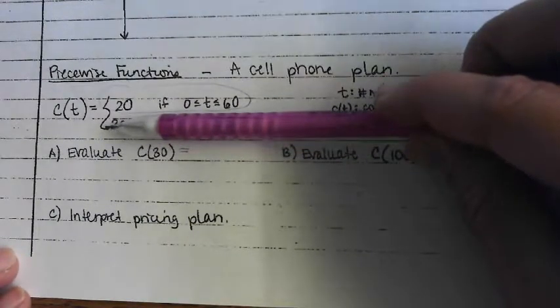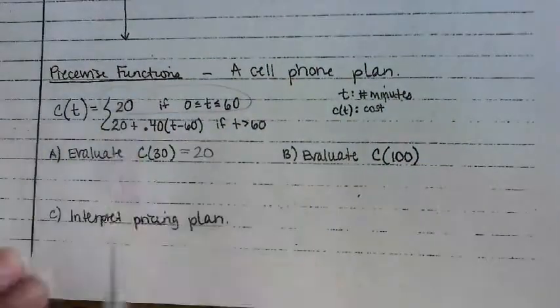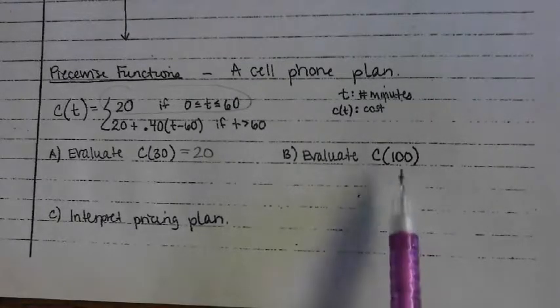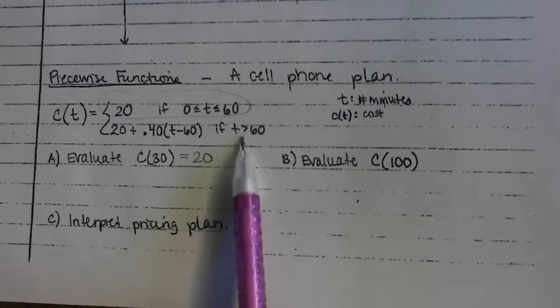If T is 30, what's your cost? 20, right. If T is not involved in the equation, then truthfully, T doesn't really matter on that one, and you're paying 20 regardless.